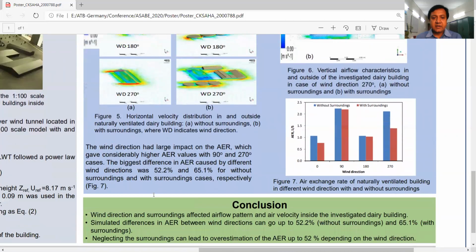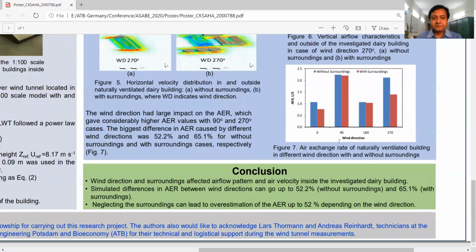The wind direction had a large impact on the air exchange rate, which gave considerably higher air exchange rate values with the 90 degree and 270 degree cases. The biggest difference in air exchange caused by the different wind directions was 52.2% and 65.1% for without surroundings and with surroundings cases respectively, as you can see in figure 7.